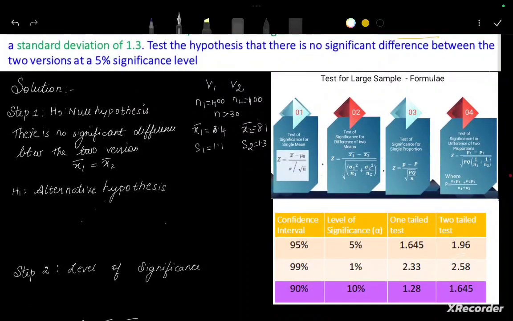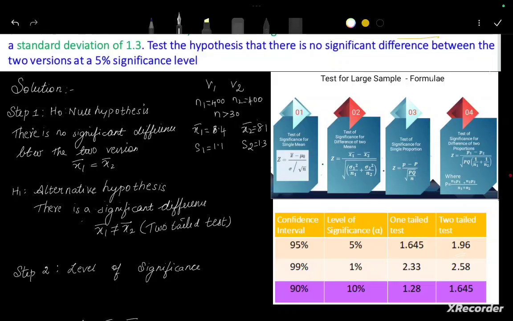Now coming to your H1, the alternative of your null hypothesis, you write there is a significant difference, or else you can write x1 bar is not equal to x2 bar. When you have a not equal to sign in between, it is called a two-tailed test.